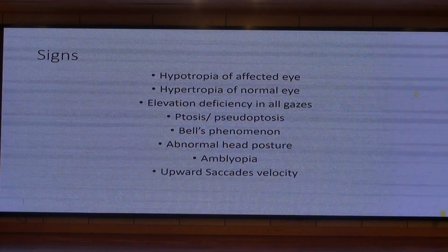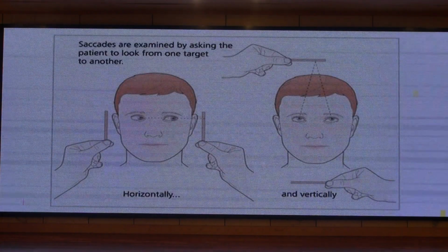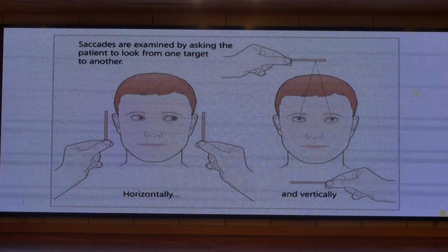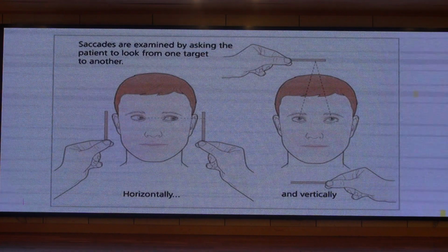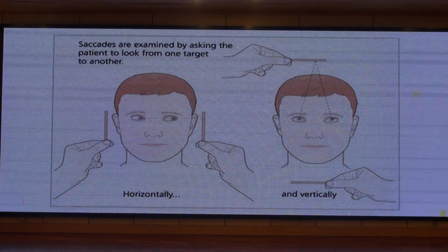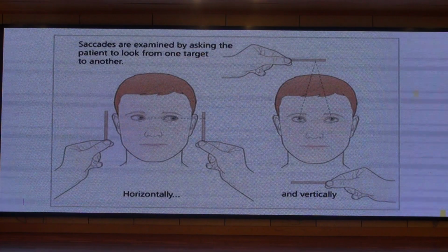And finally, is the sign of upward saccade velocity, which is examined by asking the patient to look from one target to another quickly, looking down and up.